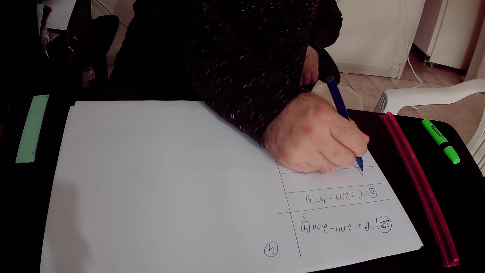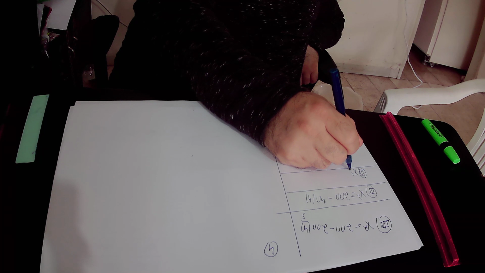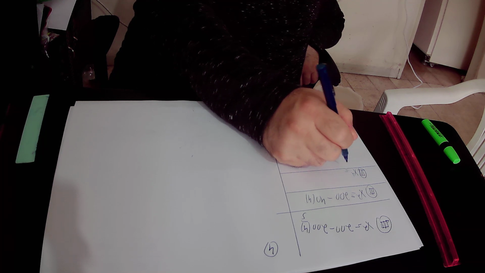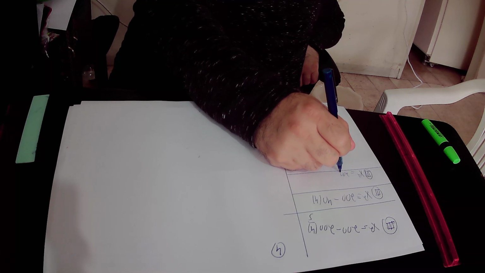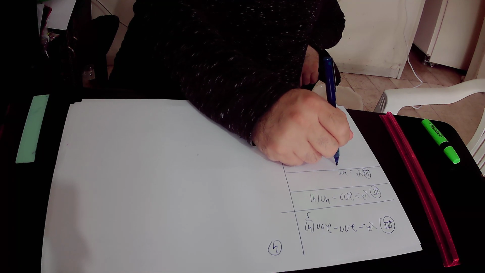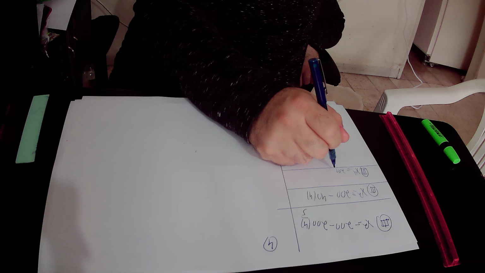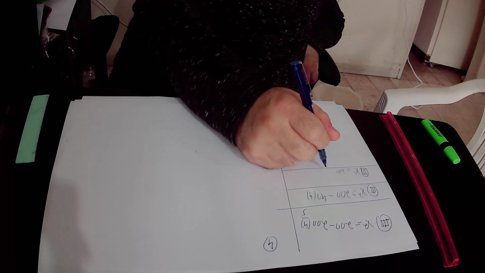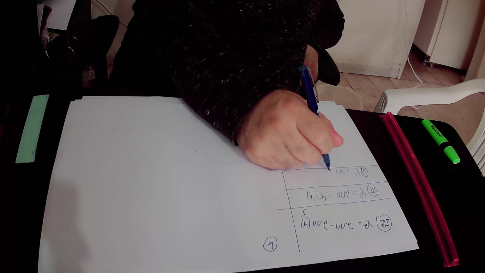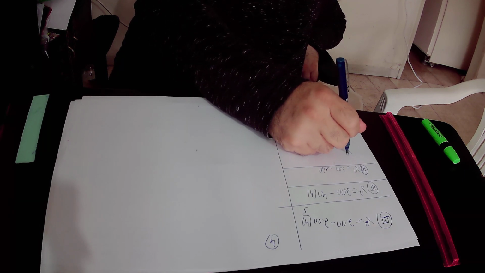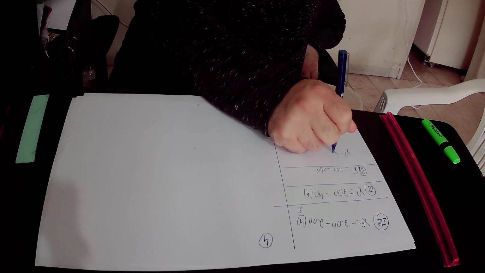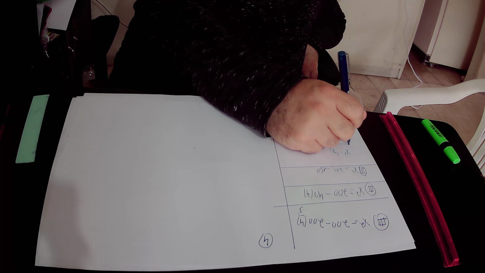So x squared equals 200 minus 40 times 4, which is minus 160. So x squared equals 40, because 200 minus 160 is 40.